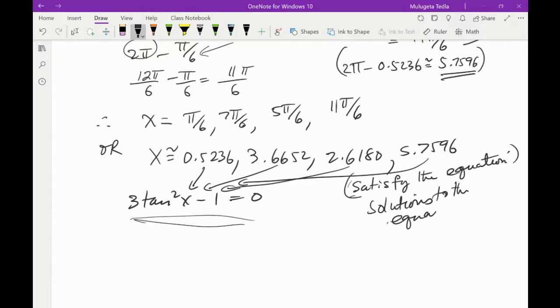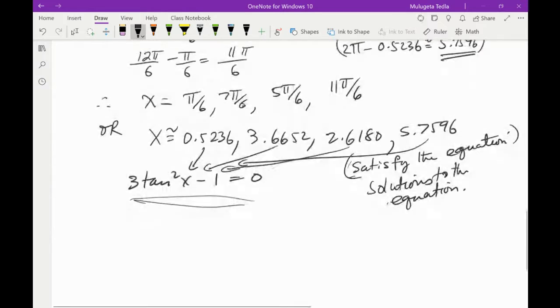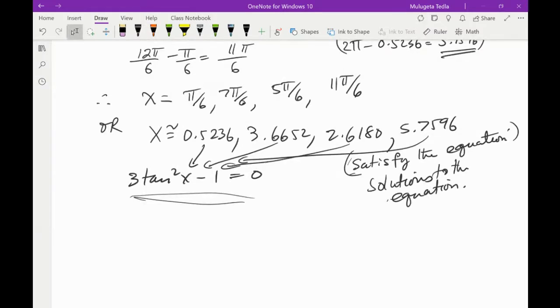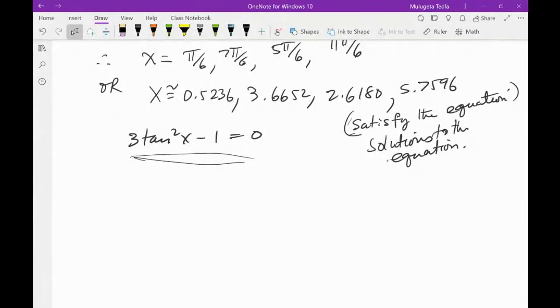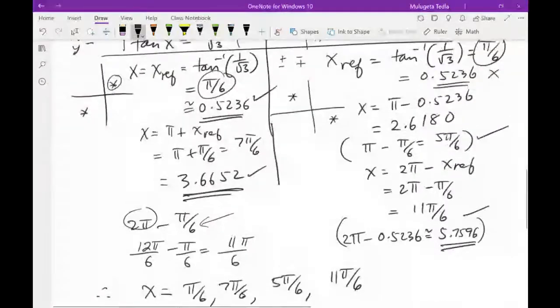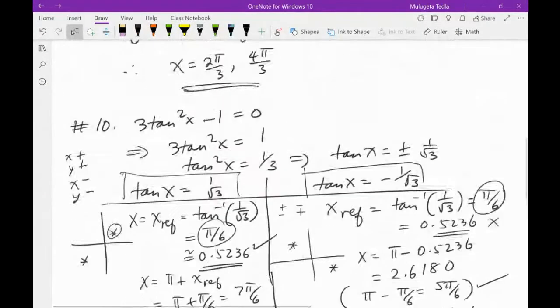So you can double check by plugging in whether the answers are correct or not. But if you use a calculator, you will be limited. Most likely you will only get 2 answers instead of 4 answers. That will compromise the answer for the system. So you have to use the mathematical way of doing it.